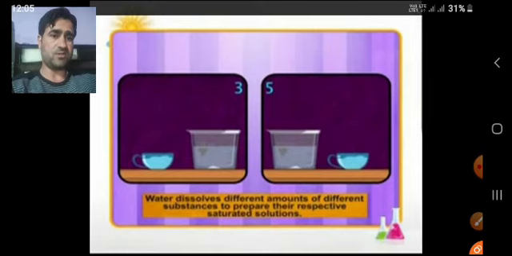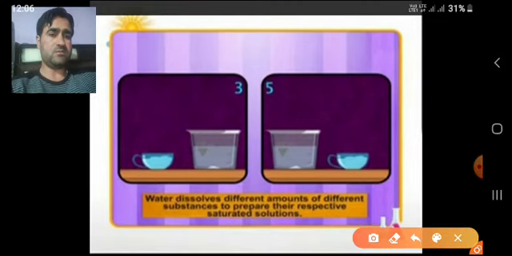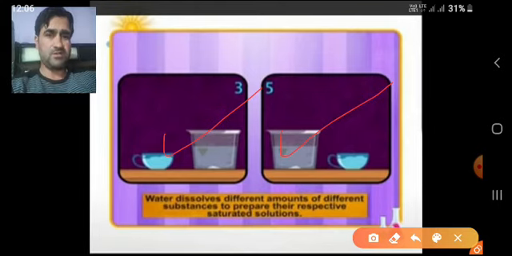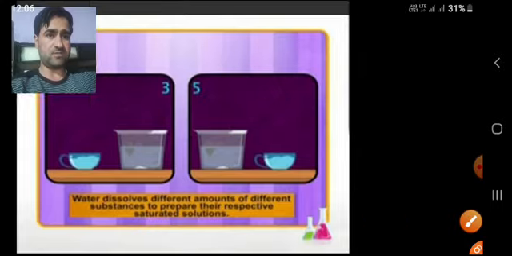For example, to make a saturated solution of sugar, we can add 5 spatulas of sugar and just 3 spatulas of salt. So the solubility varies from one solute to another in water.